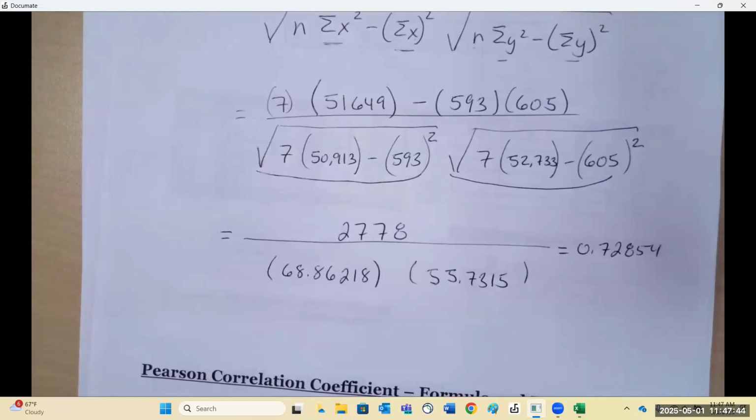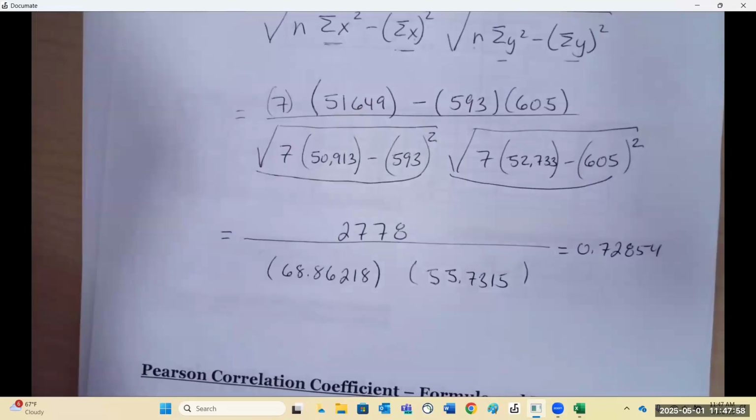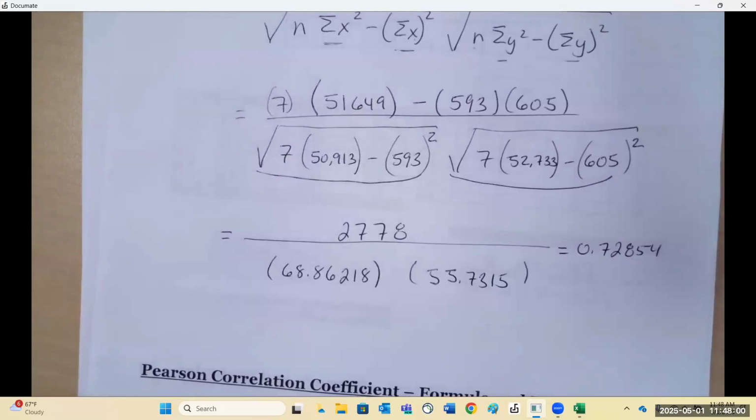But now, how do we relate this to hypothesis testing? On the back of your packet, I gave you this table.